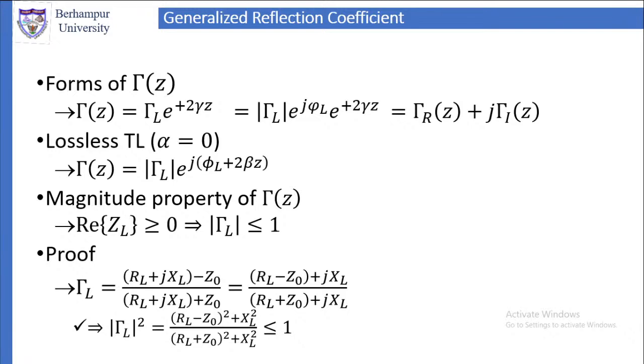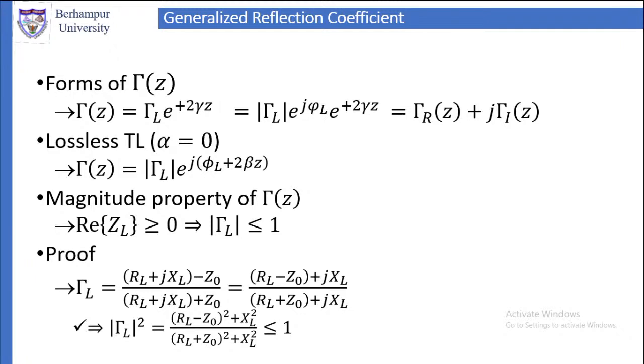Now, in the numerator and denominator, let us combine all the real parts into one term, all the imaginary parts into one term. So, in the numerator, real part is RL minus Z0, imaginary part is XL. So, RL minus Z0 plus jXL. In the denominator, it will be RL plus Z0 plus jXL.